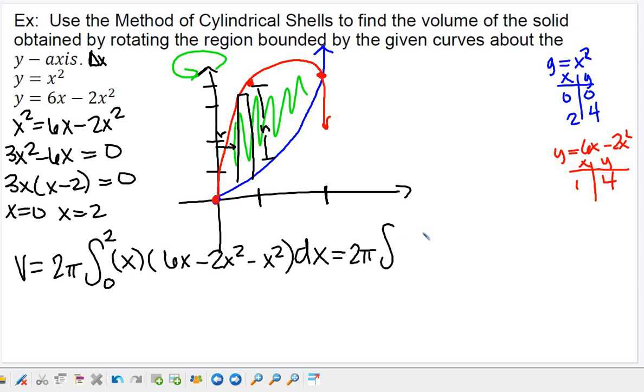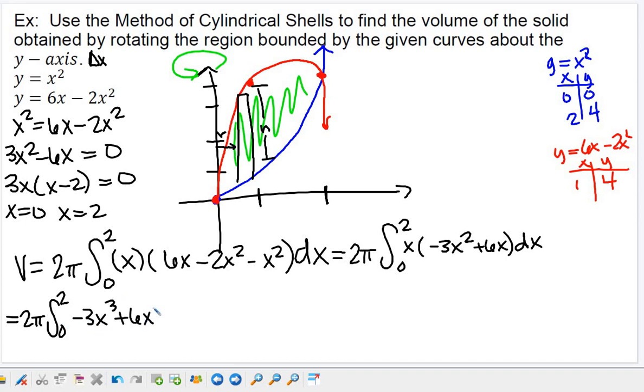So I have 2 pi, 0 to 2, x times negative 3x squared plus 6x dx. So 2 pi, 0 to 2. Distribute my x, so negative 3x cubed plus 6x squared dx. So 2 pi, negative 3x to the 4th over 4 plus 2x cubed.